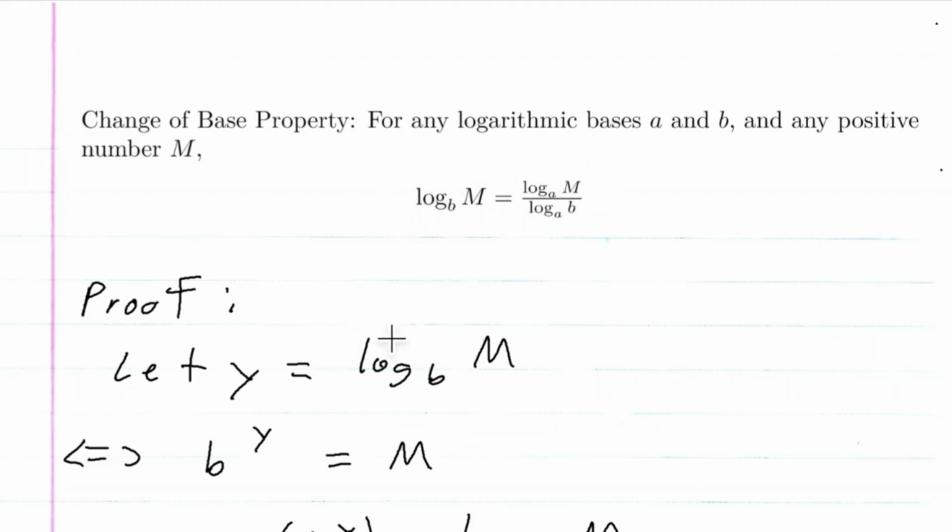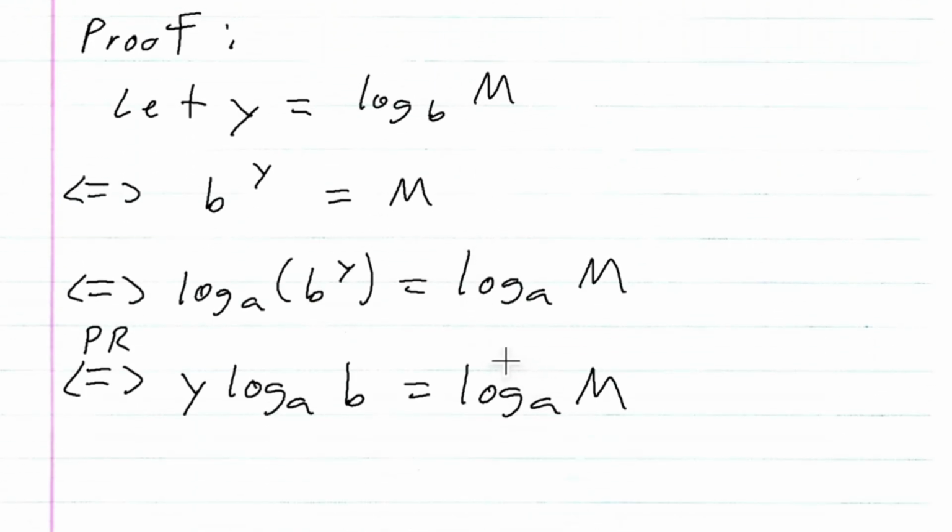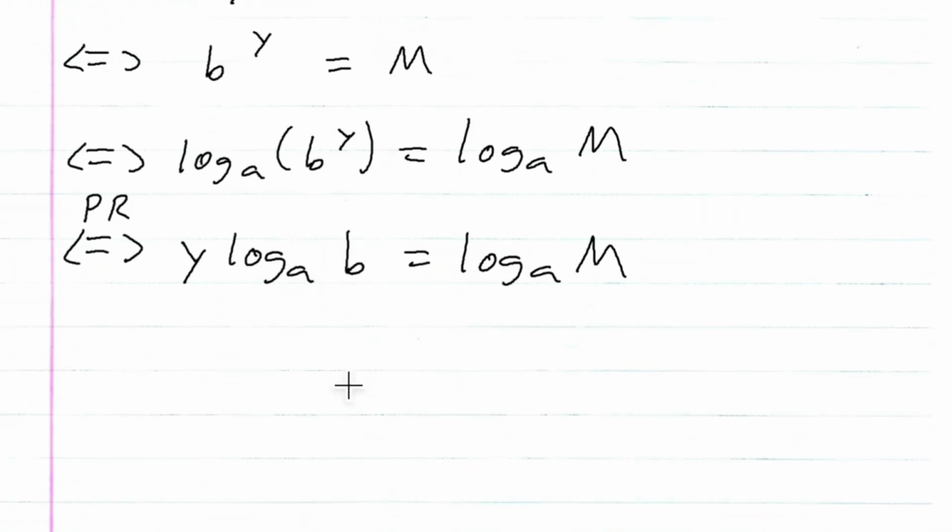I have that log base b of m would be equal to log base a of m over log base a of b. So I have to convince myself that I can divide both sides by log base a of b. So I'm going to let x be equal to log base a of b.